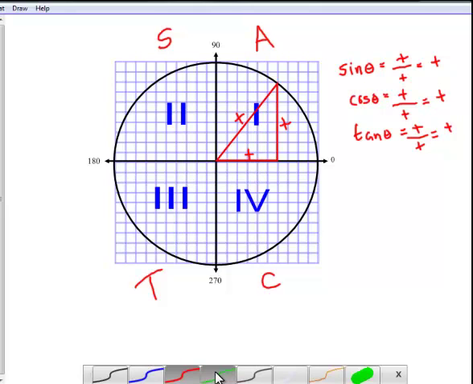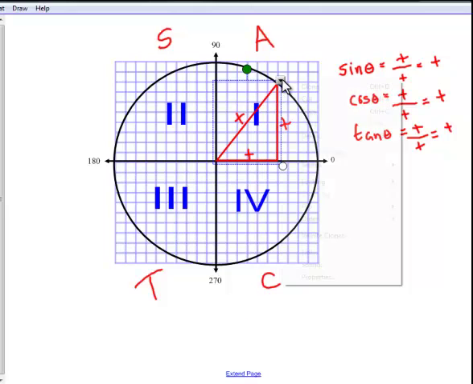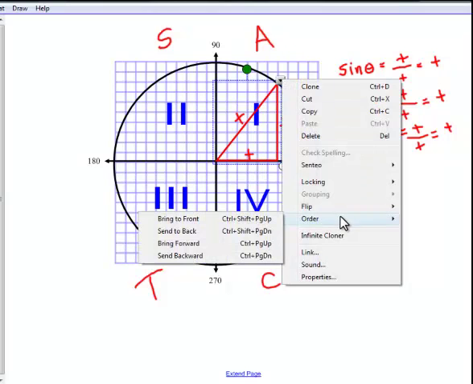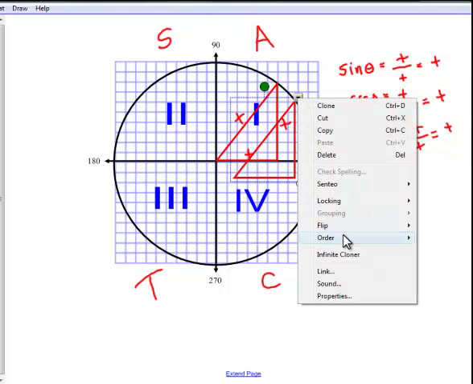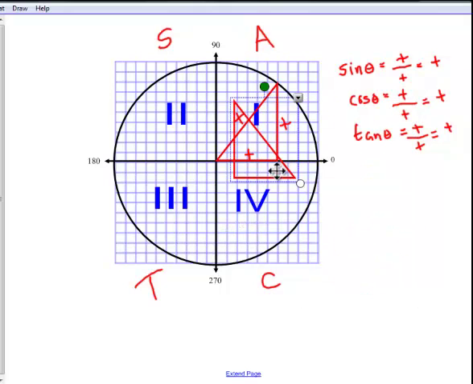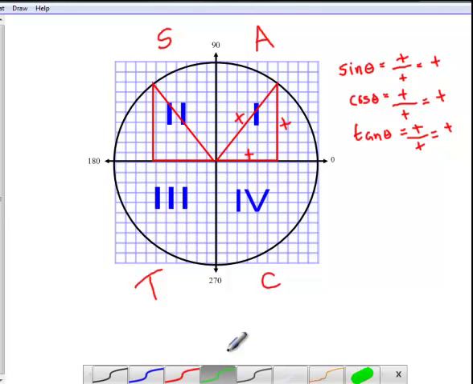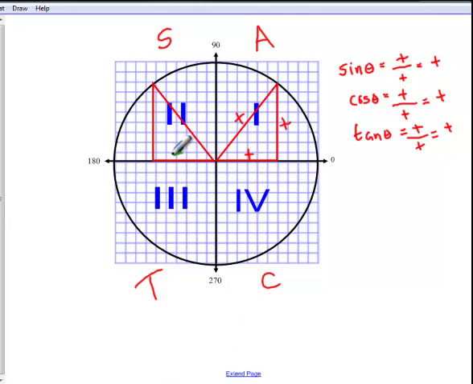All right, so let's go into quadrant 2 now. So I'm going to clone that. I'm going to flip it. I'm going to move it over here into quadrant 2. Now in quadrant 2, the adjacent side is in a negative direction, the opposite side is in a positive direction, and once again the radius is always positive.